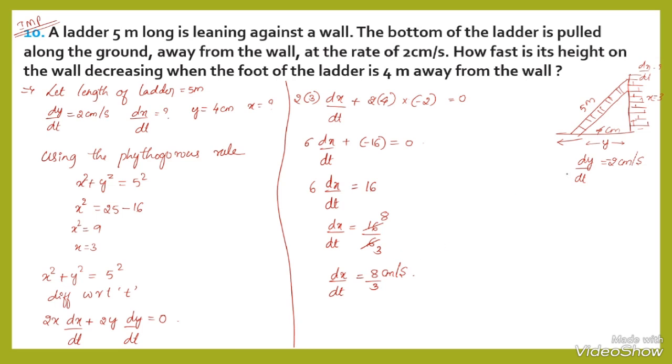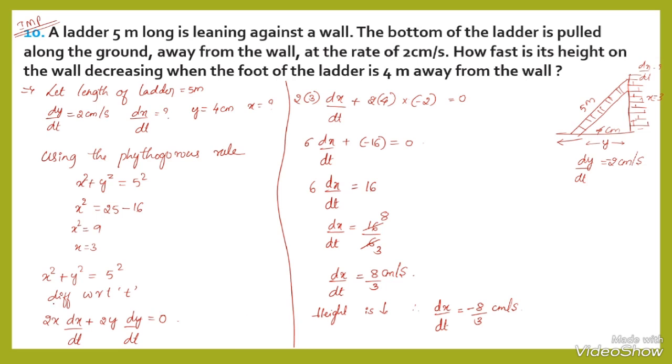Here the height of the ladder decreases, therefore the value becomes negative. dx by dt is equals to minus 8 divided by 3 centimeter per second. This is the result for the ladder. The rate of decrease of the height of the ladder is minus 8 by 3 centimeter per second.